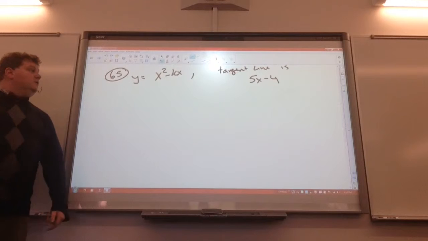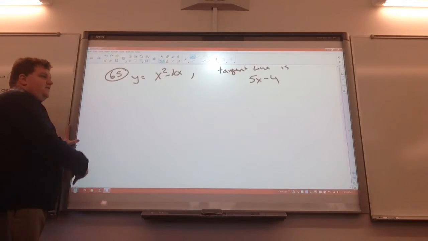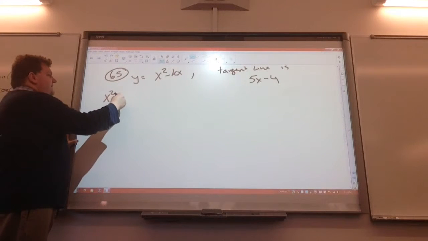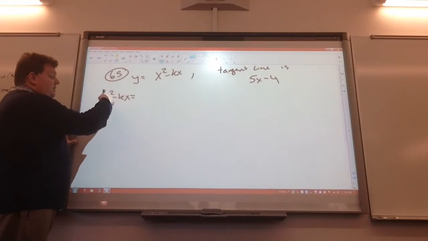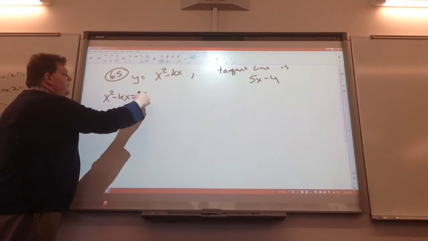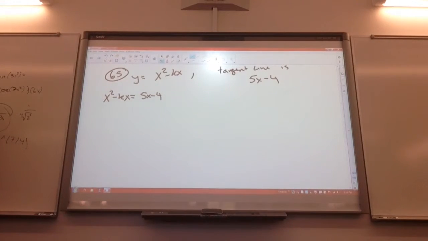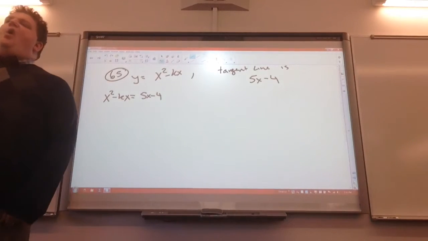That means if the x's are the same, and technically the y's are the same as well, x squared minus kx must be equal to 5x minus 4. That's one equation, but I have two unknowns, so I need something more.